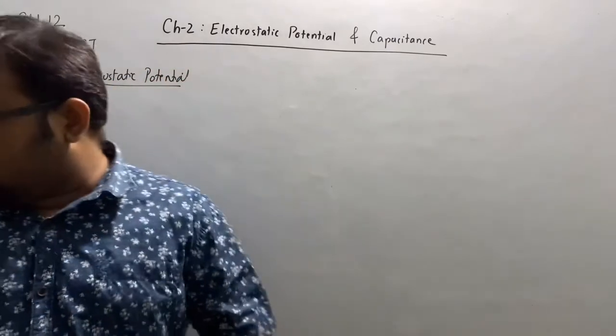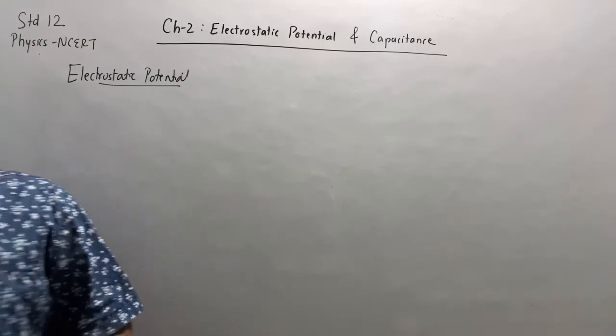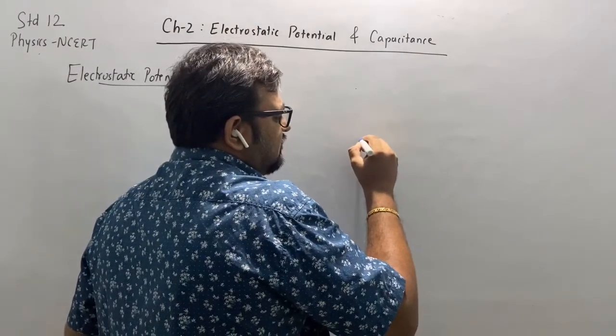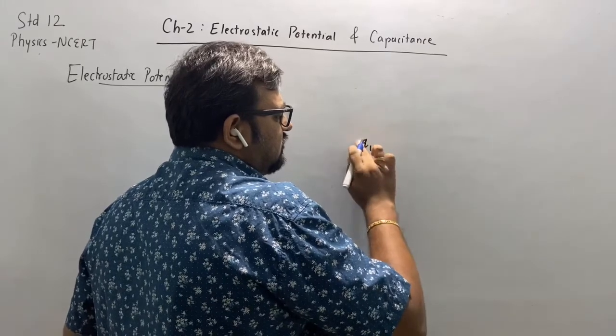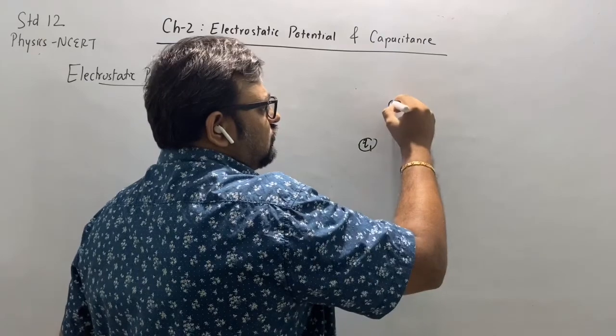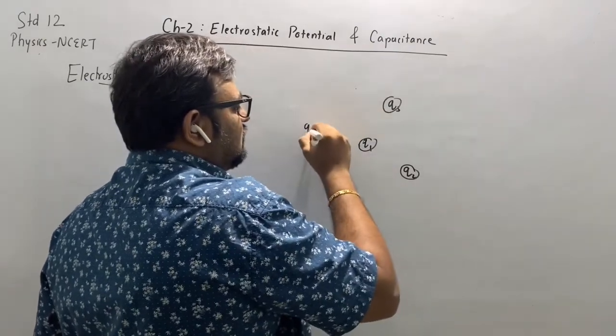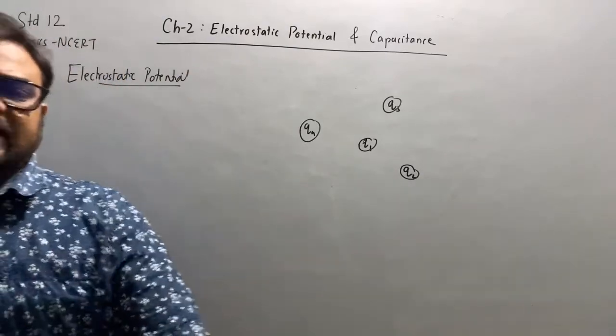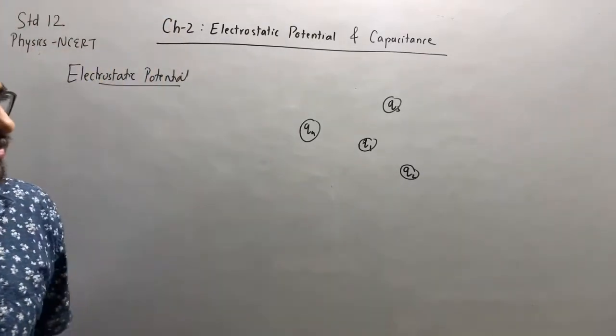Now consider a static charge configuration like Q1, Q2, Q3, Q4, and so on. So there is a static charge configuration.